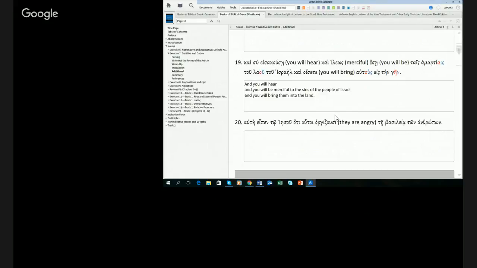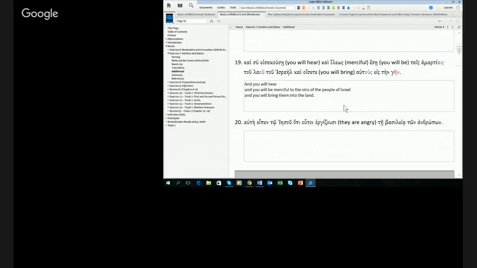Sometimes that can throw one. Most often it's the preposition eis. Eis ten gen. Eis always, always, always requires an accusative, and ten gen is an accusative feminine singular, the land.